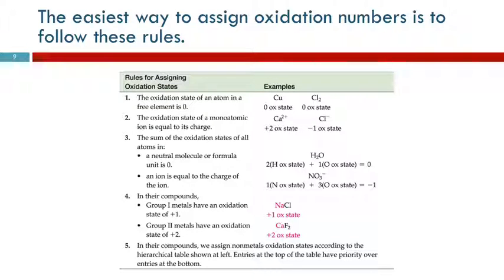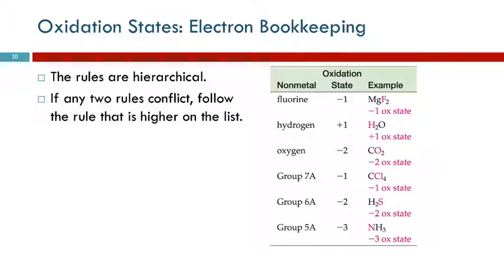The transition metals, though, can form more than one kind of ion, and so they can have different oxidation states. And then the nonmetals have their own little set of rules here. There's reasons behind this, but it's easier to just remember the rules.